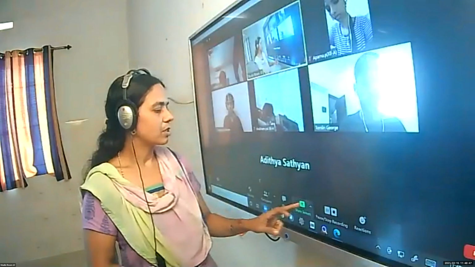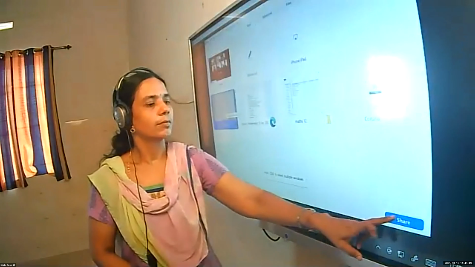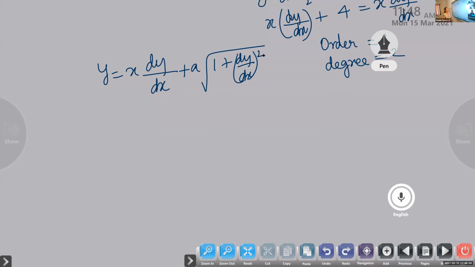The last question, which one are we discussing? This one: y is equal to x into dy by dx plus a into root of 1 plus dy by dx, the whole square. What is the order and what is the degree? Shubham, why is it 1?